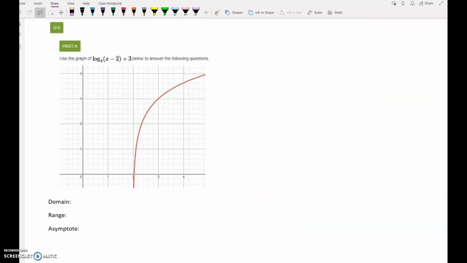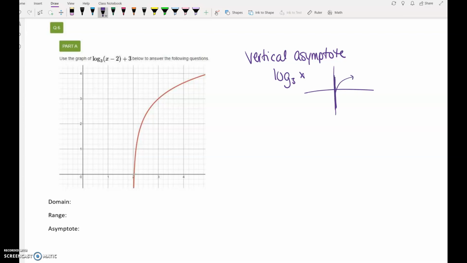Okay, question 6 is looking at a graph, and it's using the same things. So what you need to know is that graphs of logarithms have vertical asymptotes. The original logarithmic function, so log base 3 of x, without that -2, without the +3, would have a vertical asymptote right here at x equals 0.